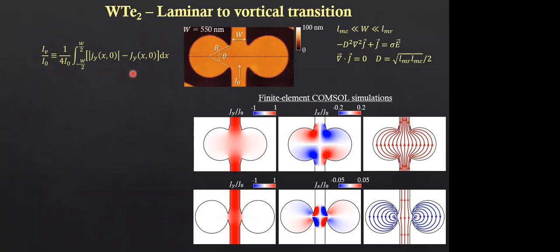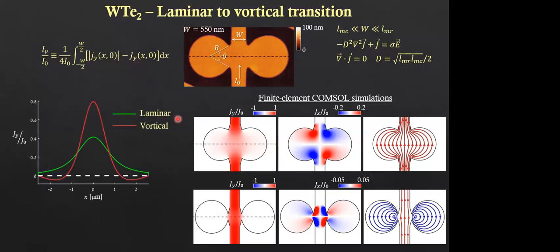Now, to give a picture representation of how this integral looks, if we take a line cut of Jy along the width of the chamber, then for laminar flow, the current profile Jy over J_0 looks like this green curve here.